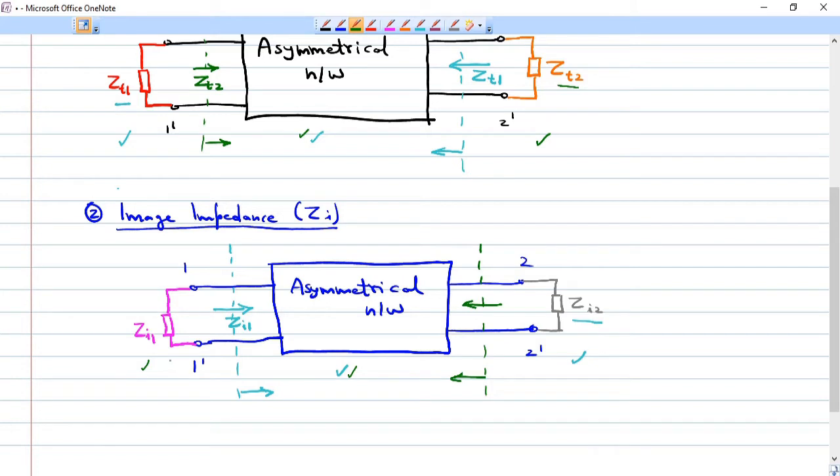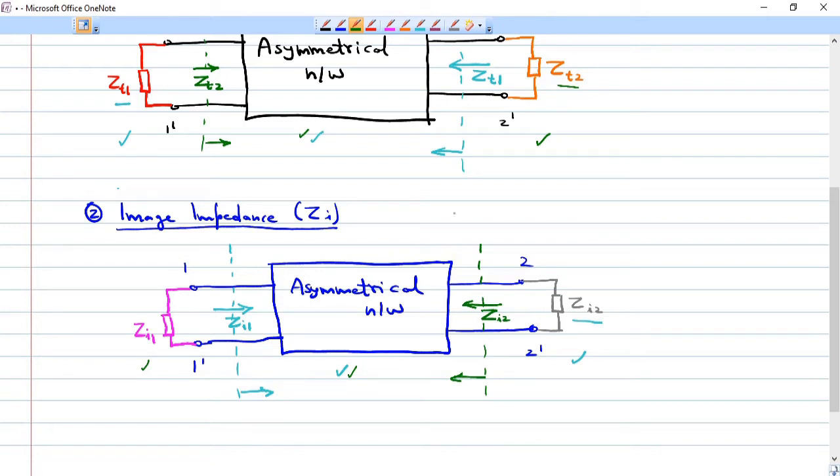It will be the combined impedance of this asymmetrical network as well as this Zi1 attached, and you should get this impedance as Zi2. Okay, so this is the definition for image impedance.